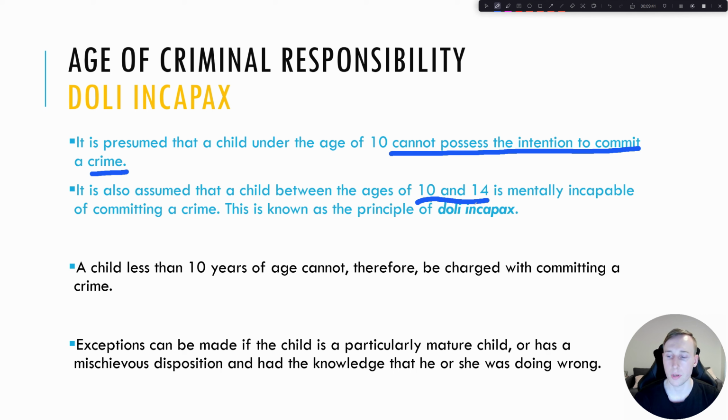Ages 10 to 14 can be assumed to commit a crime, but it's on a case-by-case basis because they're trying to see whether that person aged 10 to 14 was actually mentally capable. So that's a bit of a confusing one. Apologies if that doesn't make too much sense.